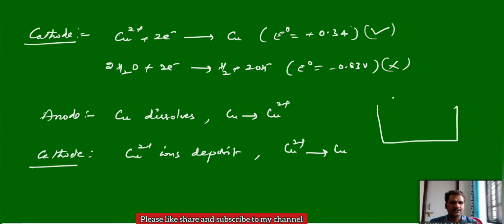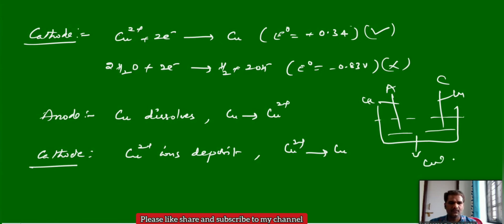Means when you use this electrolytic cell with active copper electrodes, a copper anode and cathode, with a CuSO4 electrolytic solution, here the anode only will dissolve. This copper gives Cu2+ ions, and these Cu2+ ions move towards the cathode and deposit there. So there is no change in the electrolyte concentration.